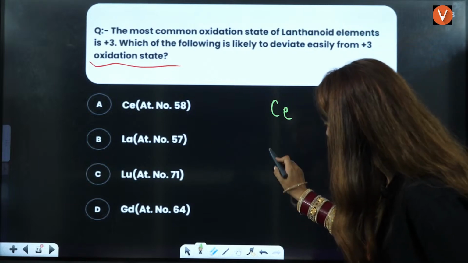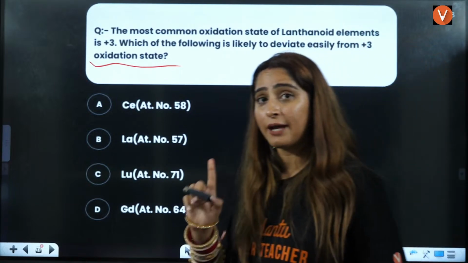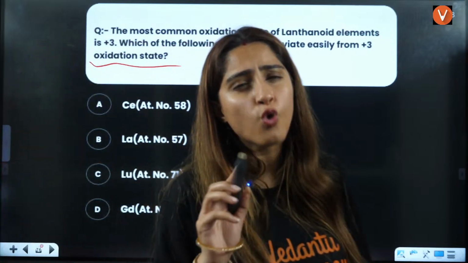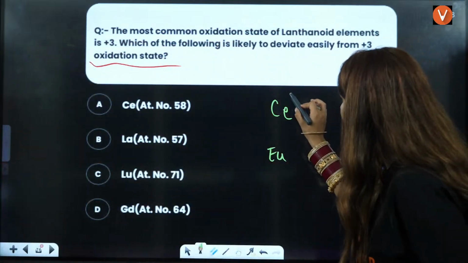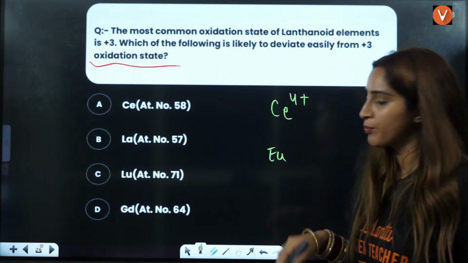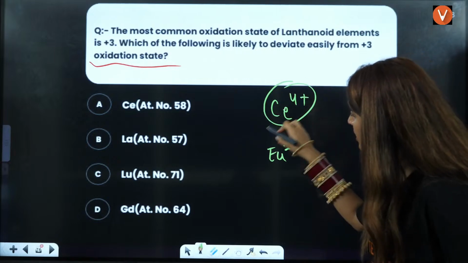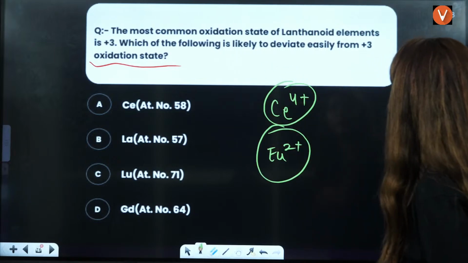This question was asked even in JEE attempt 1 January, right? They can again ask you. This has been asked so many times, that cerium exists as Ce4+ and europium as Eu2+.